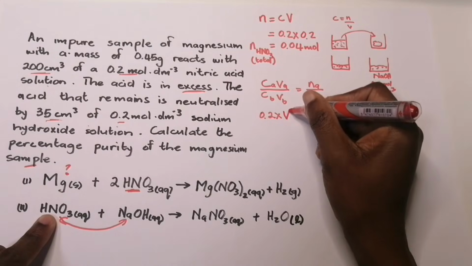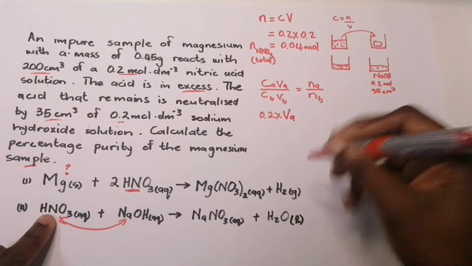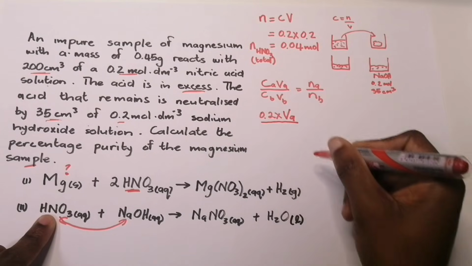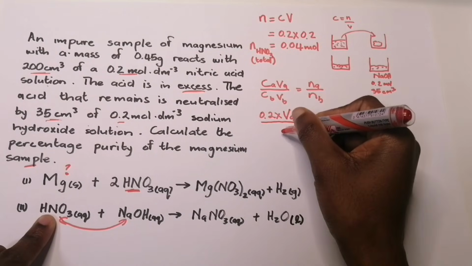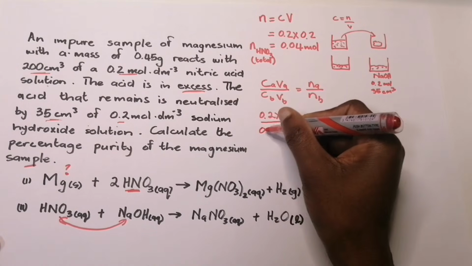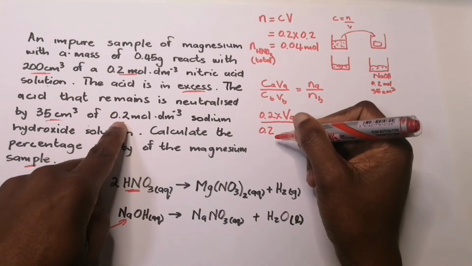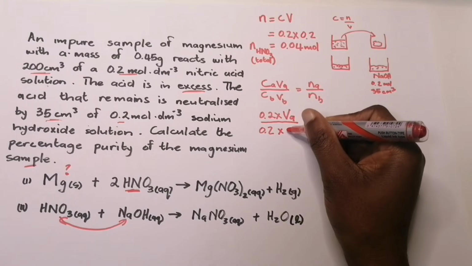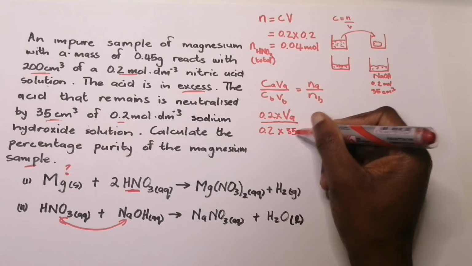So I don't know what the volume of the acid is. There's another approach to this if you're not following. So 0.2 multiplied by the volume of the acid, but the concentration of the base, they told me it's 0.2, multiplied by the volume of the base. And the volume of the base is 35.